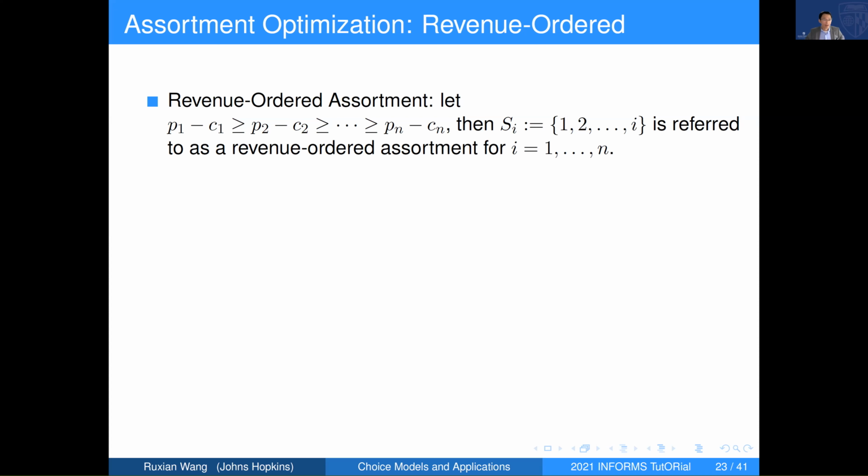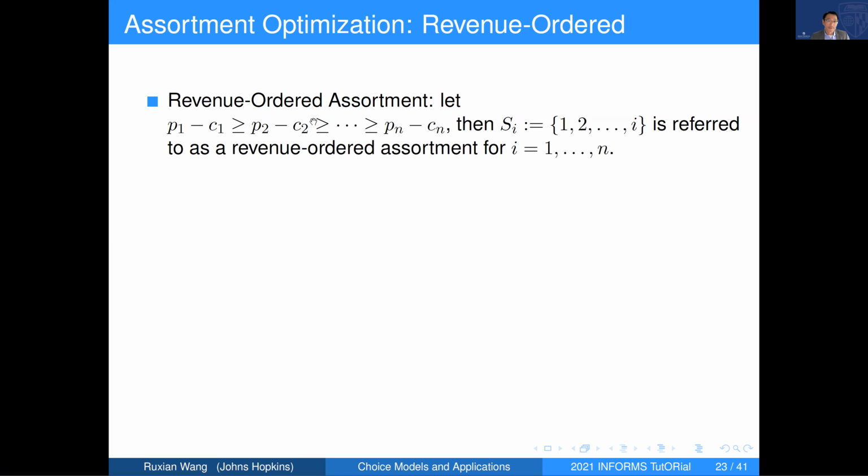How to solve the assortment optimization problem? For some special cases, we can find the optimal solution very easily. For others, it may be hard to do so. First, we introduce the concept of revenue-ordered assortment. Basically, we change the product labels such that the products are labeled in decreasing order of markup, or if you want to maximize total revenue, you can label products in decreasing order of price.